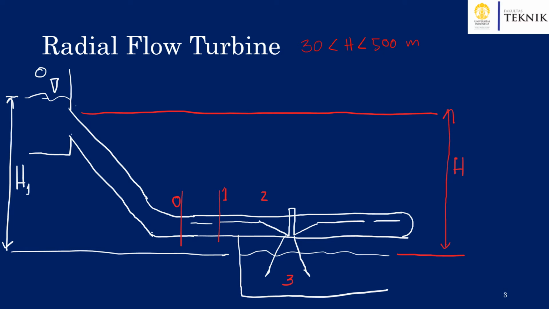And another parameter is the specific speed will also lie between 0.3 up to 2.5 radian. As an example of the radial flow turbines, in this particular slide we have the common sketch of the installations of a Francis turbine.